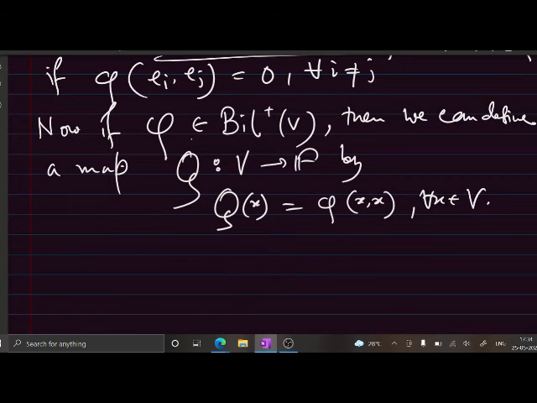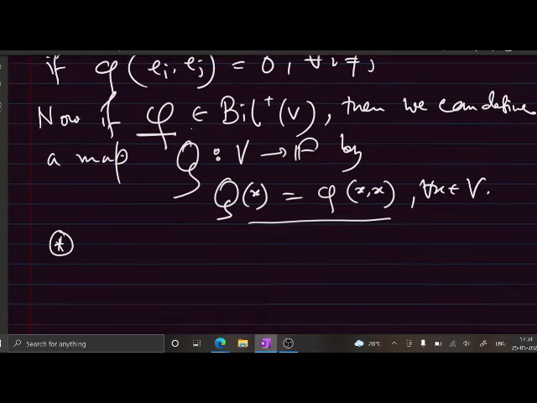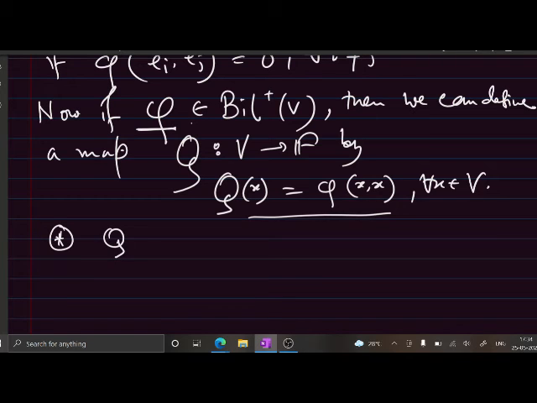So given any symmetric bilinear form, you can always define this kind of map, and this map enjoys the following properties. Suppose you take two vectors x and y.